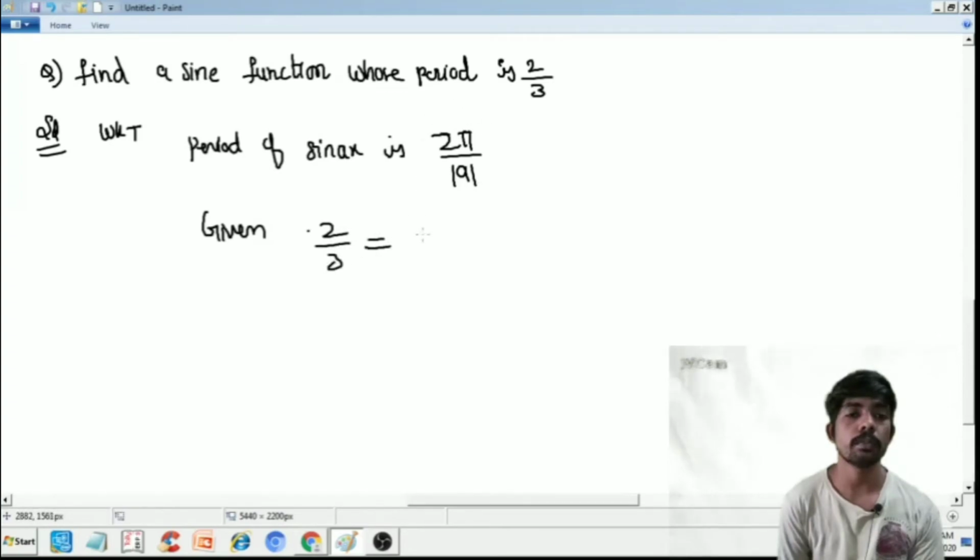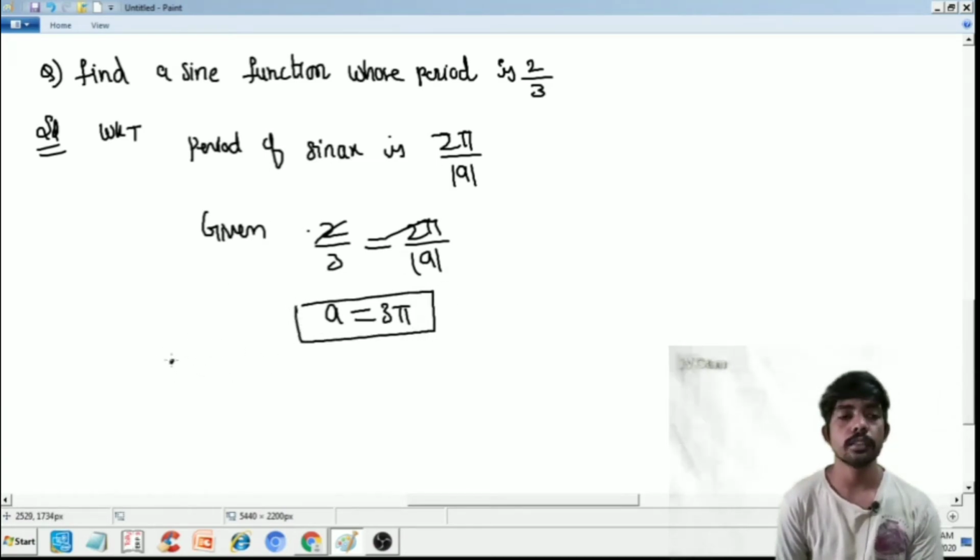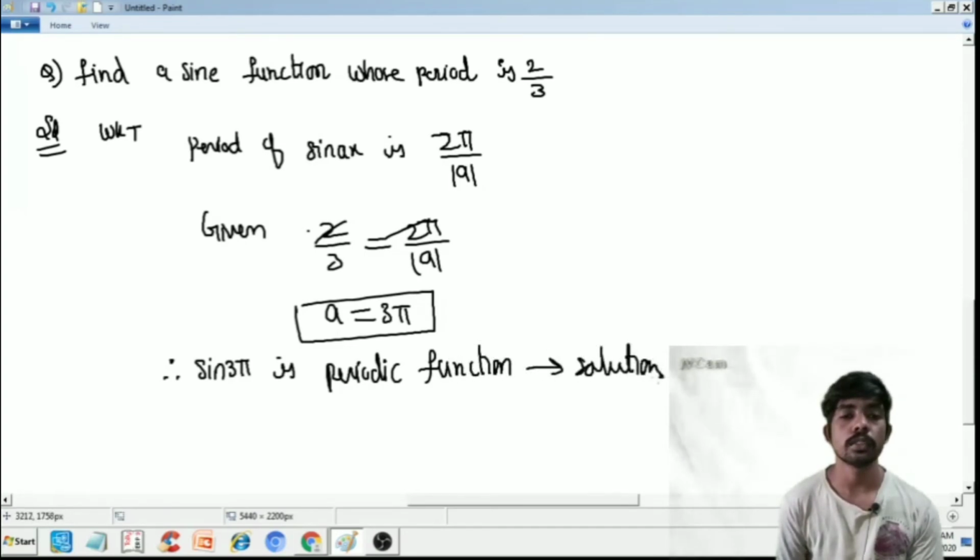Actually it is 2 pi by a. So from here we can write a is equal to 3 pi. Hence the a value is 3 pi. We can write the sine function. Therefore sin of 3 pi x is the periodic function, and this is the solution.